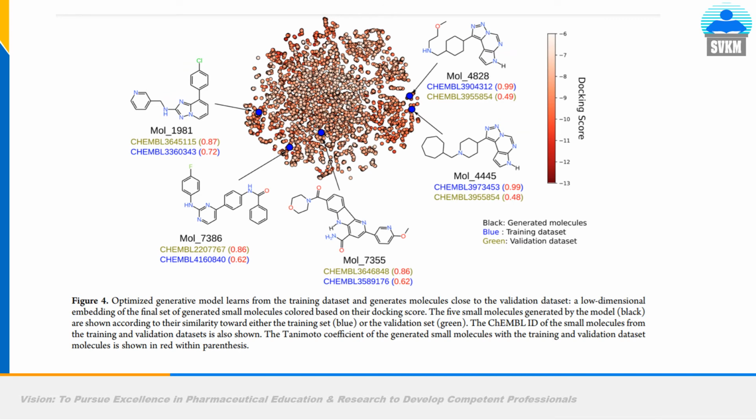So this is an example of latent space. So optimize the generative model, learn from the training data set and generate molecules close to the validation data set. A low dimensional embedding of the final set of generated small molecules colored based on their docking score. The 5 small molecules 1, 2, 3, 4 and 5.